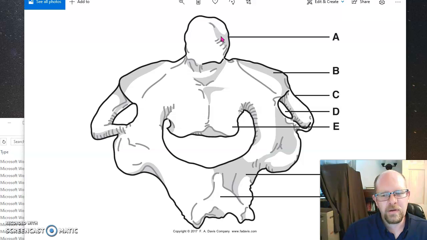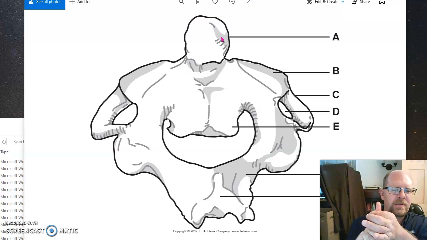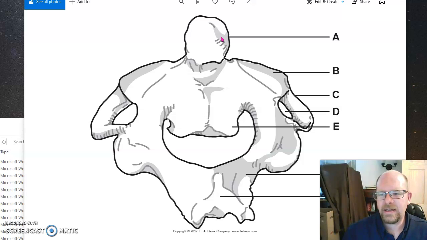Other people refer to it as an odontoid process, and what happens is that process actually sticks up through C1 like this.